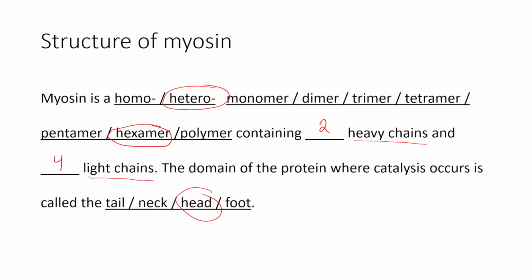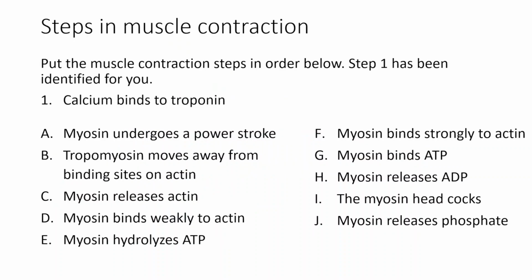Okay, so now let's start thinking about the steps of muscle contraction. You have 10 different steps here, so you can start to put them in order. Just keep in mind that this is step 1: calcium binds to troponin. And then you have 10 steps that happen after that. So it's not just getting the order correct, because remember, muscle contraction is a cycle, right?